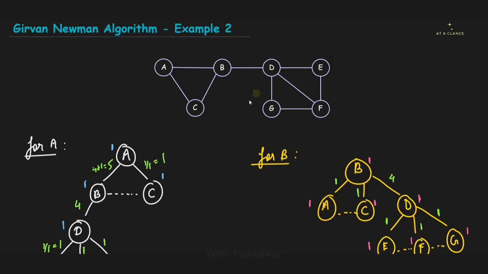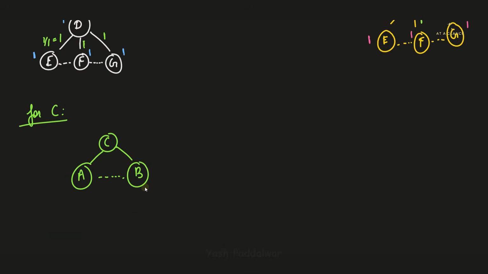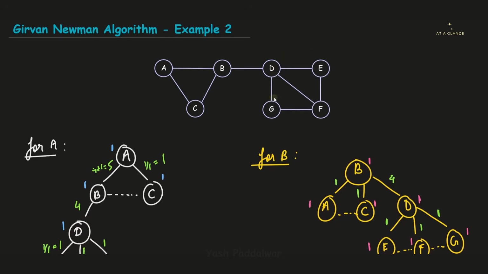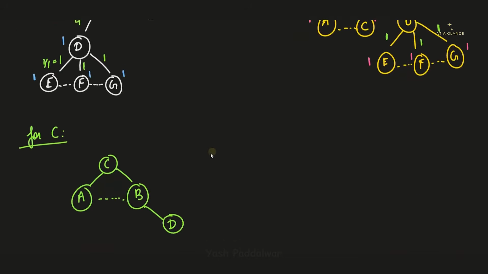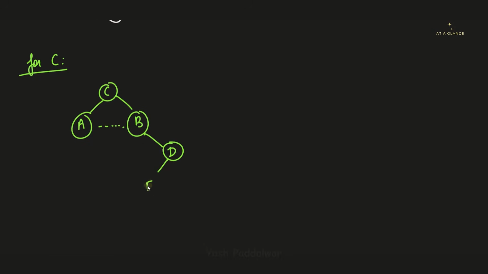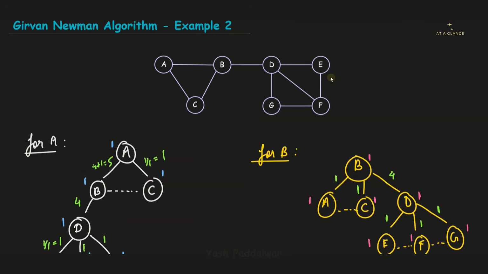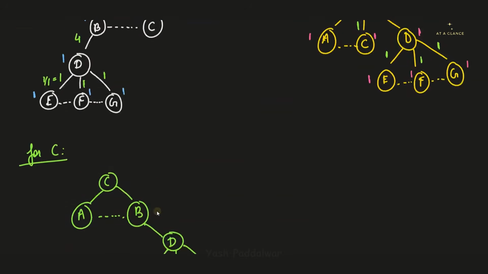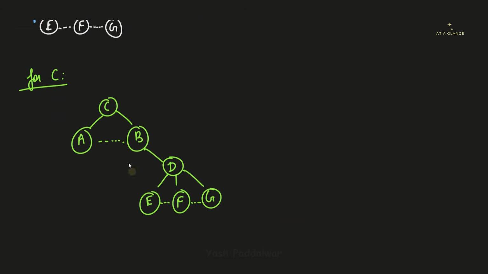Next, B has a child D. So let's write D. D has three children, E, F, and G. Let's write that. E and F are connected to each other. They are at the same level. Similarly, F and G are also connected to each other. They are at the same level. Now, we are done with the construction of the tree.